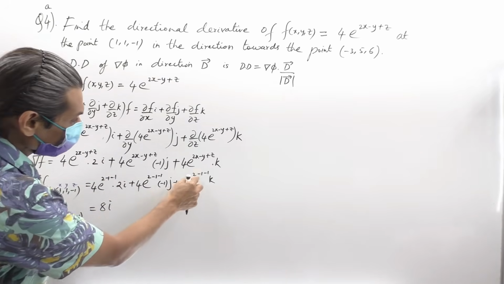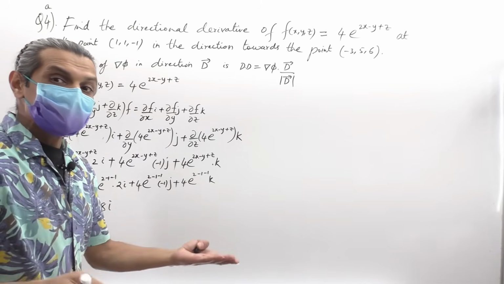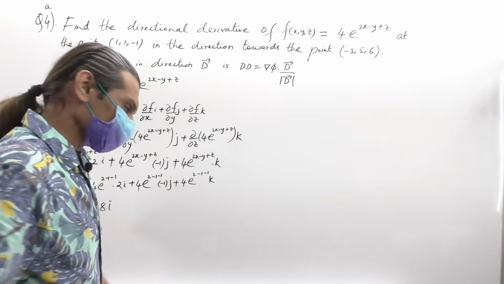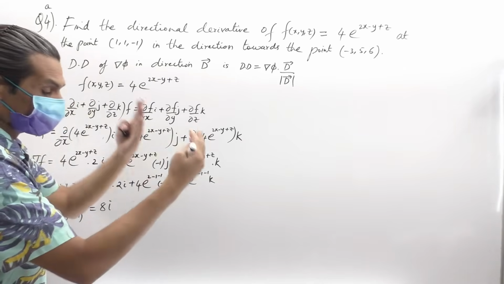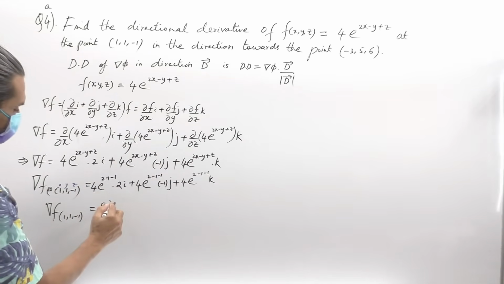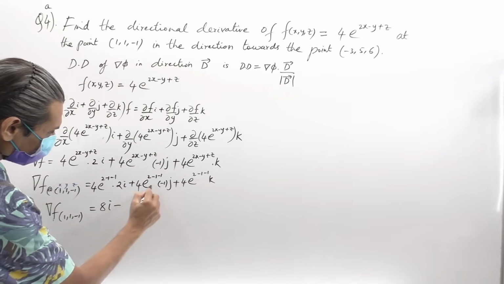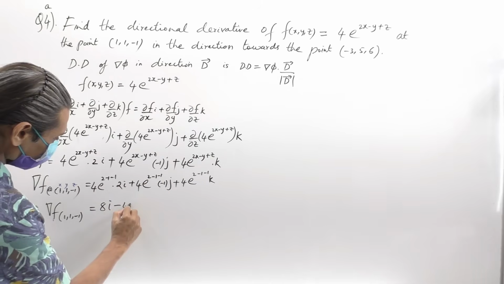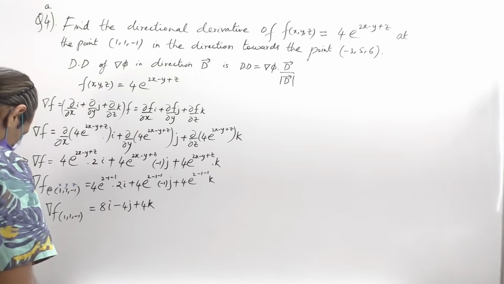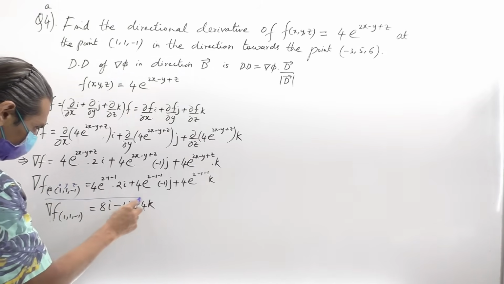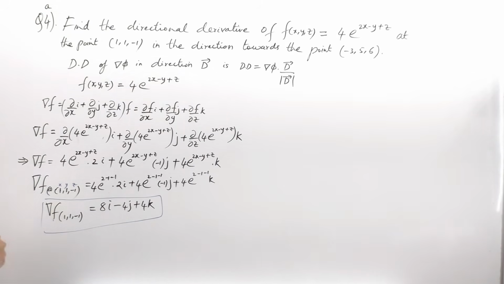Here also 2 minus 2 is 0, 2 minus 2 is 0. And what is e raised to 0? e raised to 0 is 1. That's it. So all these terms, e raised to 2 minus 1, become e raised to 0, that is 1. So 8i minus, this will be 4 into minus 1, minus 4j, and plus 4k. This is what you get for del f at the point: 8i minus 4j plus 4k. Okay, so we found del f.